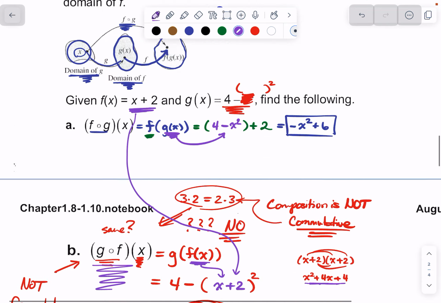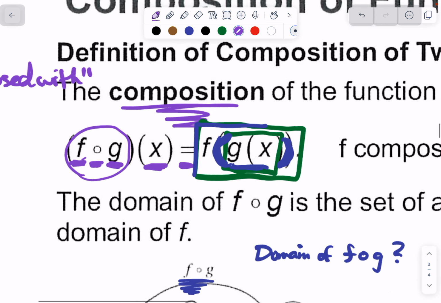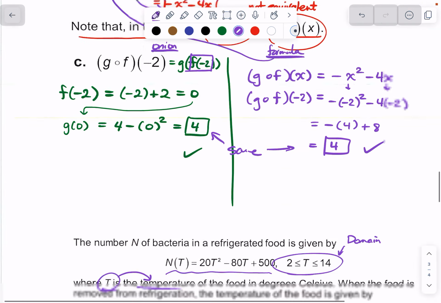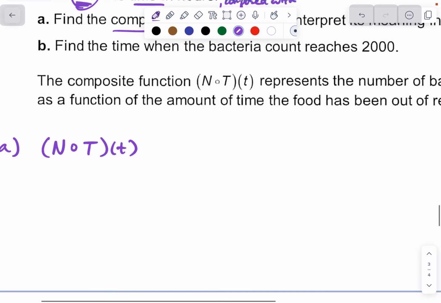We have it right here. This is how you turn something like this into something like this. So let's go down here. So this should be equal to capital N of, parentheses, capital T of, parentheses, lowercase t.